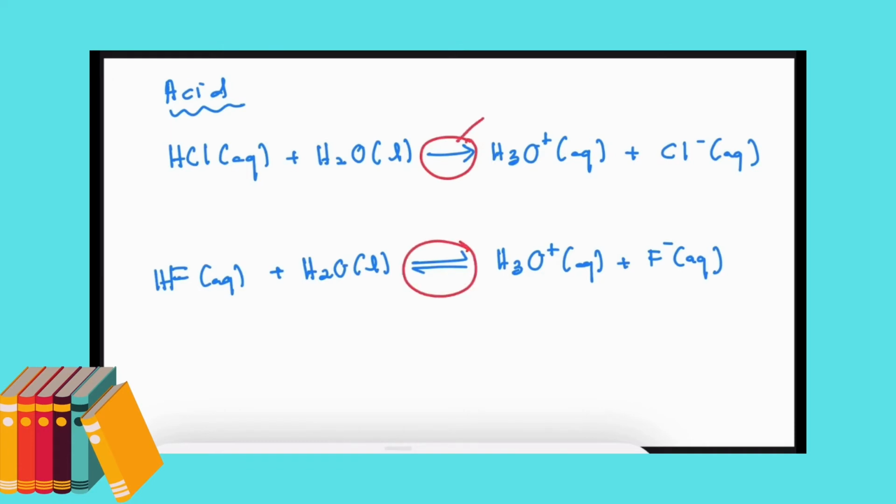This equation represents a full dissociation. So we can conclude that HCl is a strong acid. And this is a reversible reaction, so we can conclude that it is a weak acid.